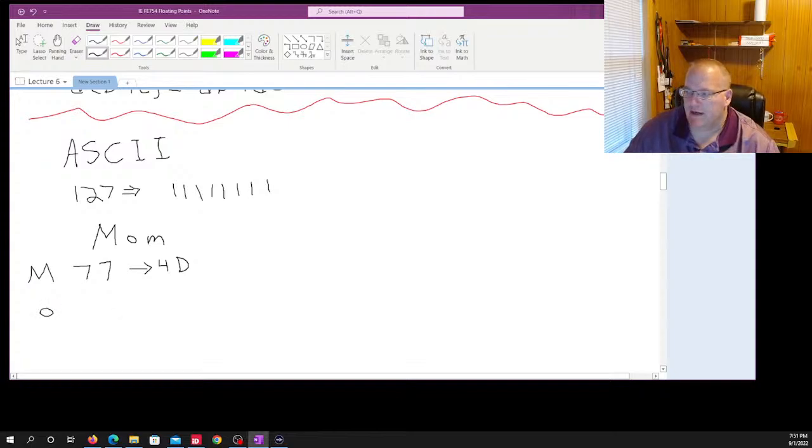Little o is 111 or 6F. And then little m is 109 or 6D.